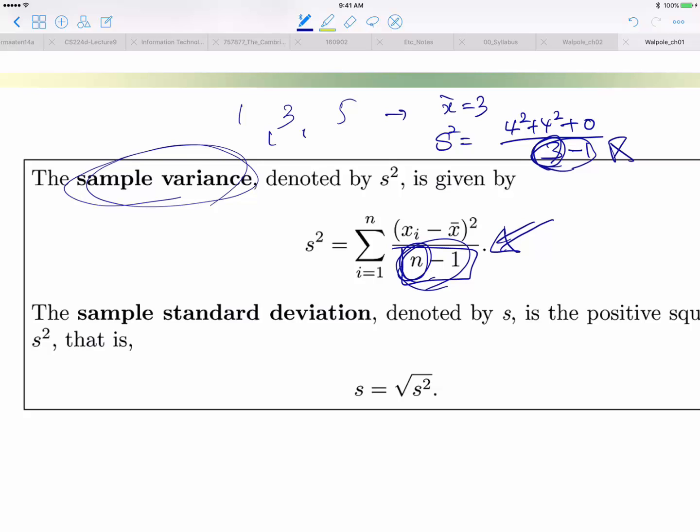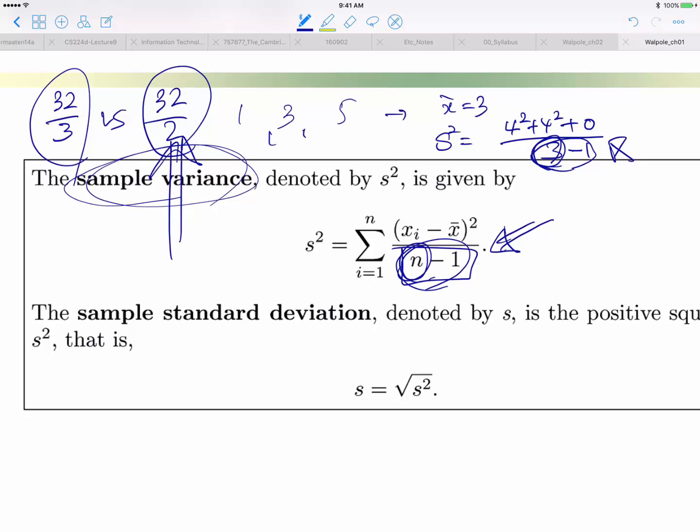In this case, 4 squared is 16, and it's 32 by 3 versus 32 by 2, right? So I'm saying this one is the correct way, and this is our previous way. Which variance is bigger?